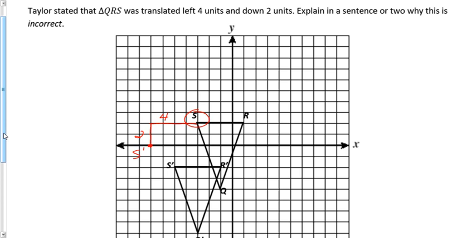I'm going to put that in blue. This translation is left 2 and down 4. So she just reversed her direction. So Taylor, you can write this down on your lines. I'm going to write it right here so I don't have to move my screen. Taylor switched her directions.